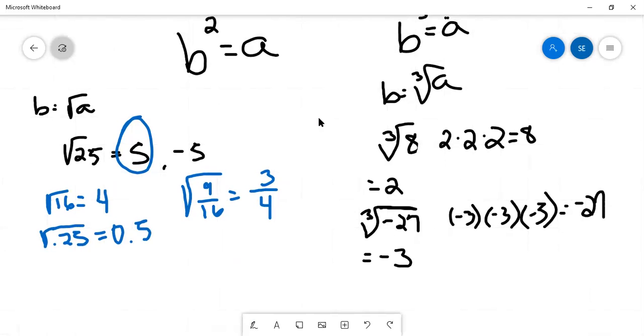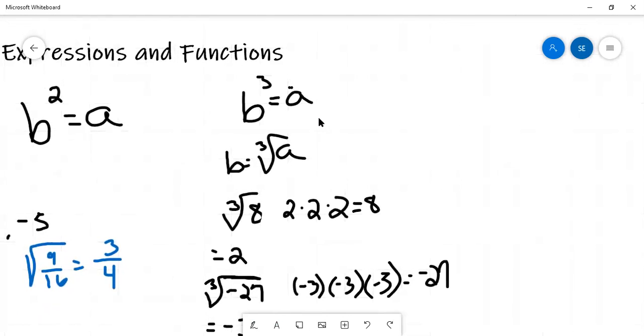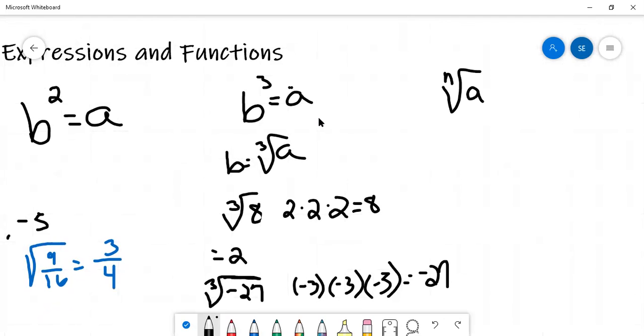Okay, so in general, we can take the nth root of a number. So we can say the nth root of a is equal to b. And this means b to the n is equal to a.